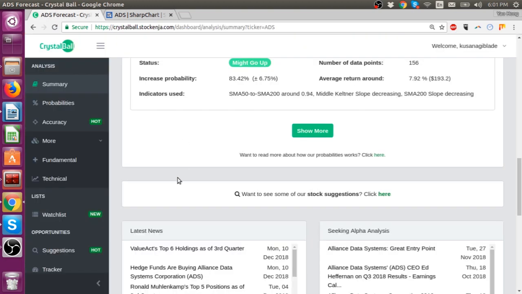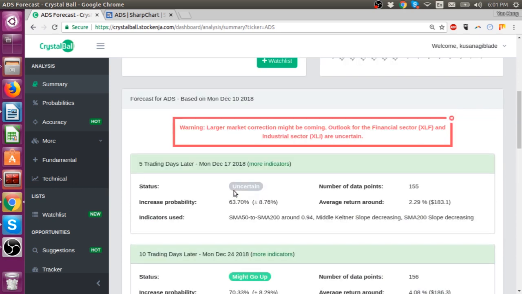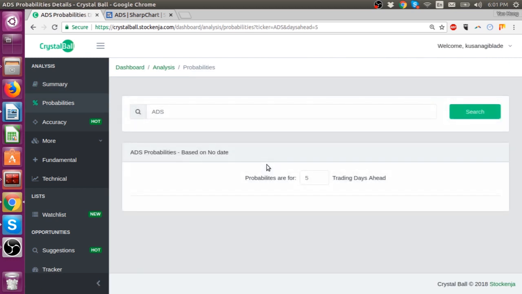So for the worst case, let's consider 5 days, right? So I'm going to click on the indicators, or these are the probabilities for the 5 days, and I'm going to look for RSI.